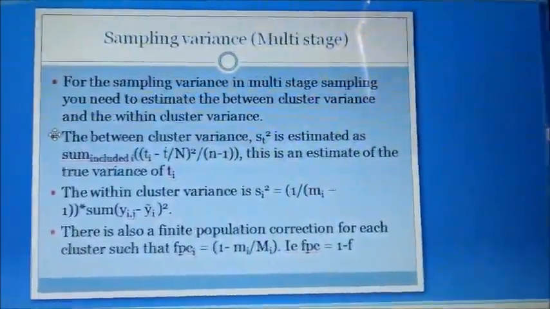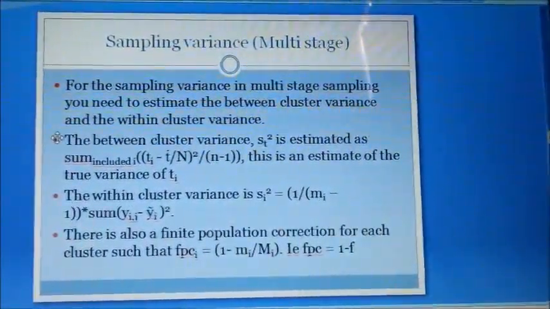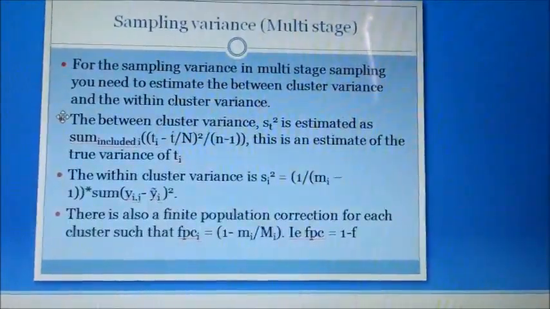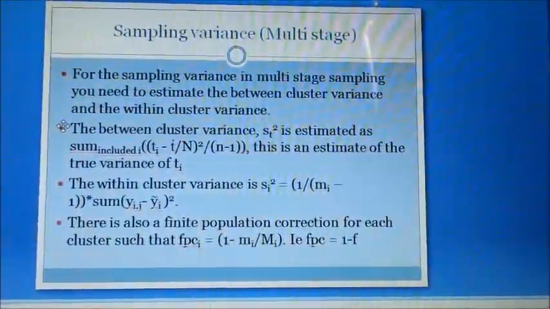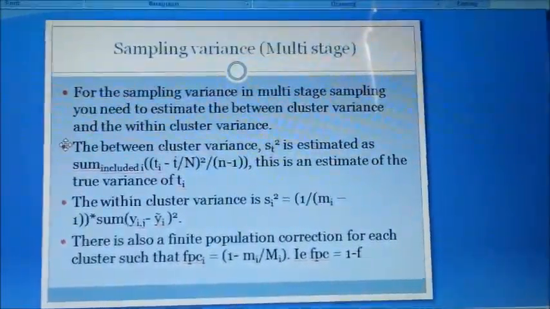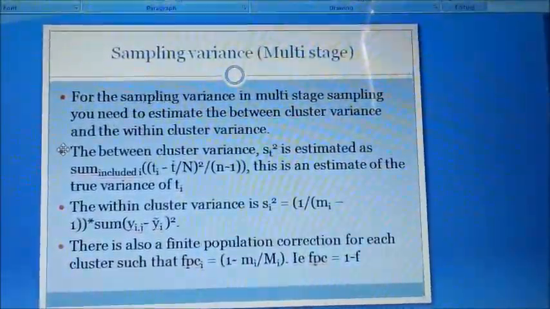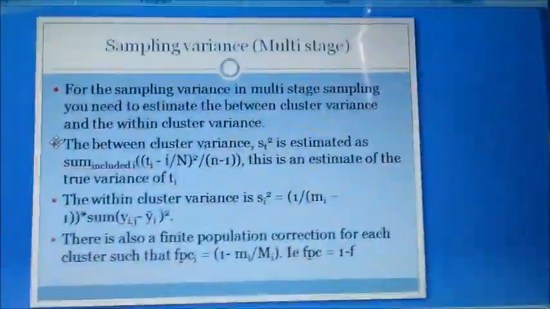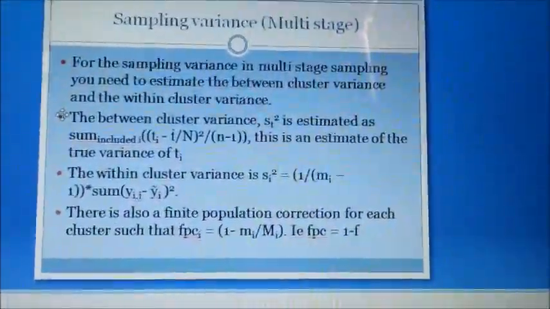This is also an estimate of the true variance of Ti. The within cluster variance is lowercase si squared, and it's equal to 1 over mi minus 1, multiplied by the sum of yij minus the sample mean of cluster i, squared.